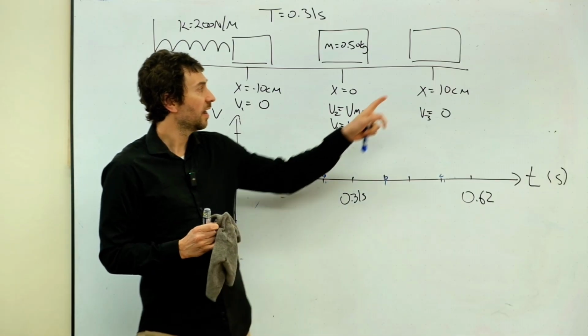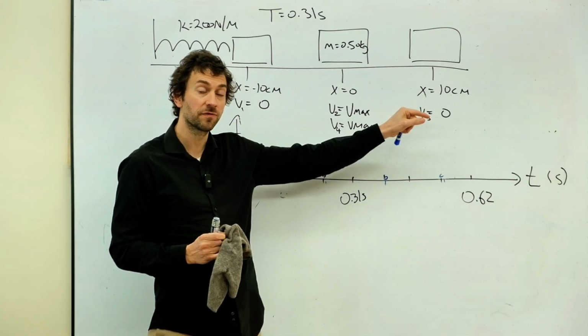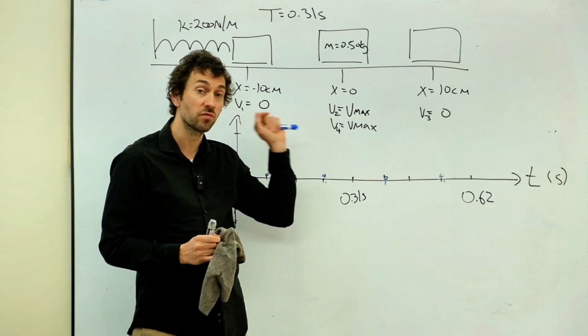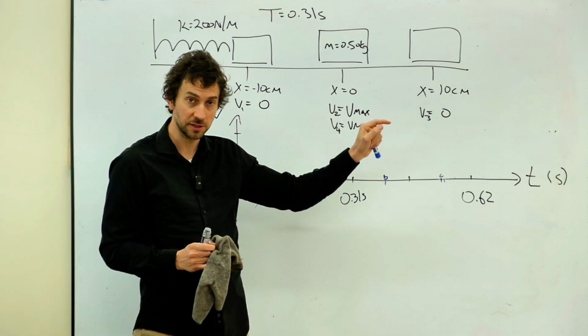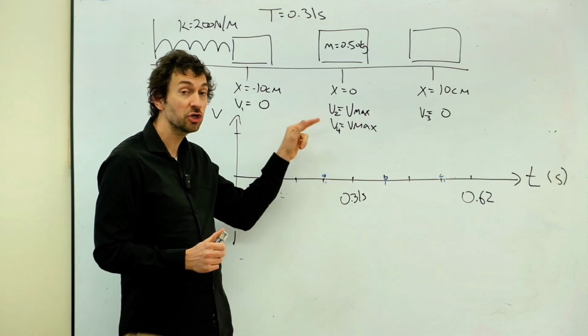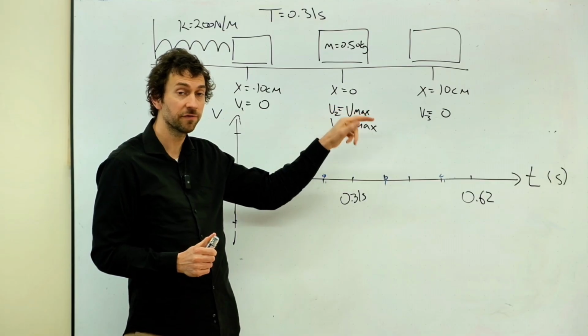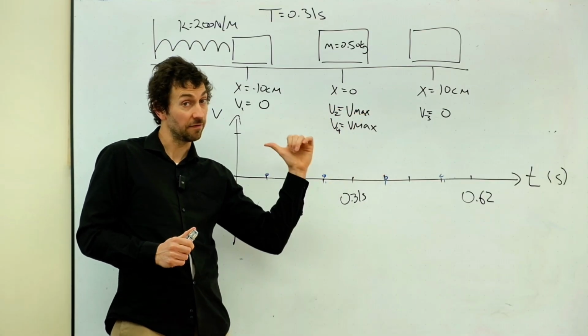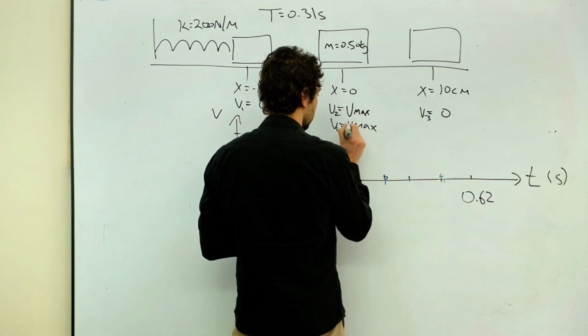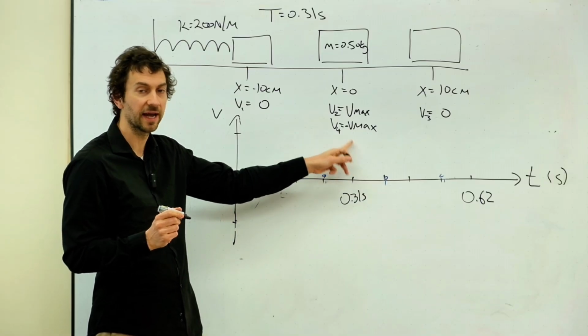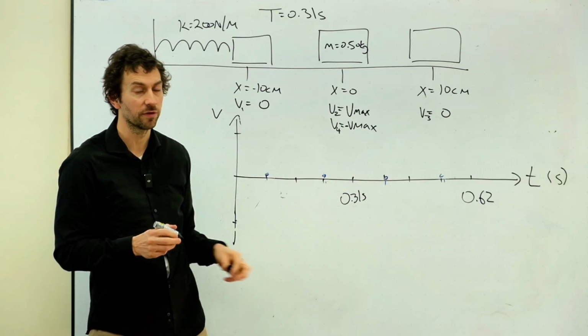We've said to the right is positive for x, so we're also going to say to the right is positive for the velocity. That means in v2 it's traveling right, so that's positive. At v4 it's going left, so that's going to be negative. You can see negative v max is v4 there.